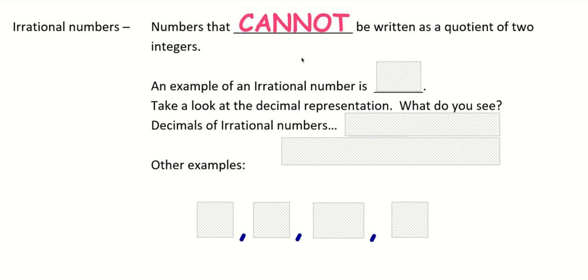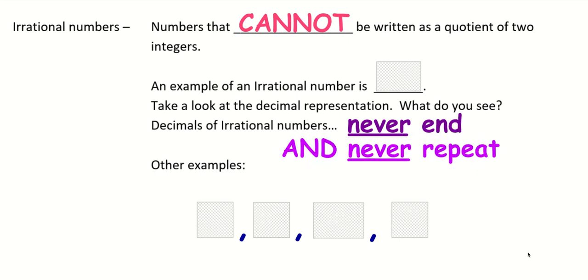So what numbers would that be? Okay, in other words, if you think of the whole decimal thing, if a number is irrational, wouldn't it then have to have a decimal that not only never terminates, but at the same time never repeats a pattern?